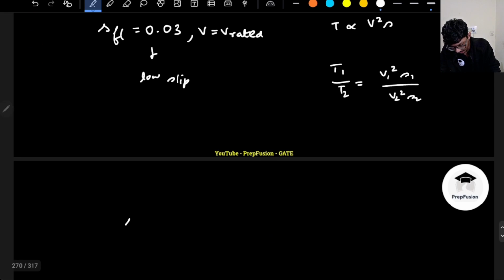So the slip in the second case will be V1 divided by V2 whole square into the slip in the first case.